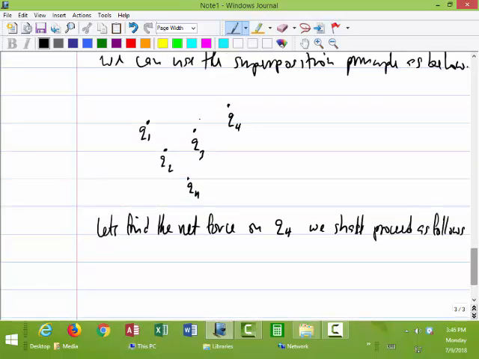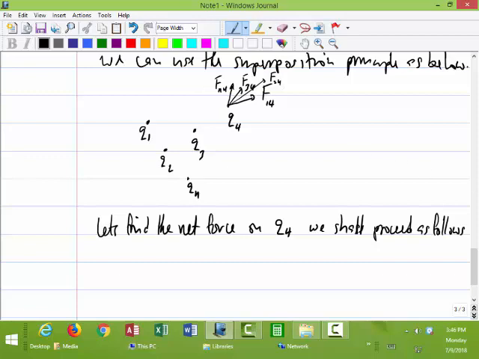So I'll draw the diagrams here. The force of 1 on 4 is this force here. This is the force of 3 on 4, and this is the force of 2 on 4, F24, and then the force of n on 4 is another force this way.